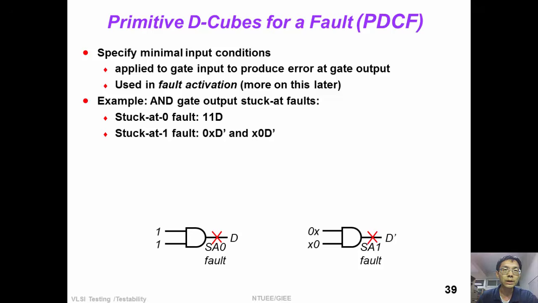A primitive D-cube for a fault, or PDCF, means the minimum input assignment that we need to apply to a gate input to produce a D or D prime at the gate output. For example, suppose we want to activate a stuck-at-0 fault at the AND gate output. We will need both inputs to be 1.